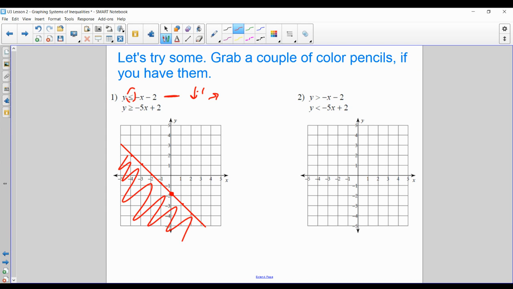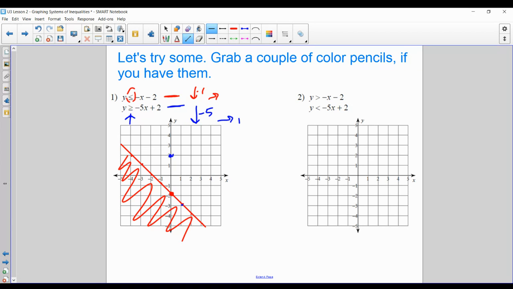So I've got that. Now I'm going to switch to blue and do the second one. So this has a y-intercept of +2, and I'm going to have a slope of -5, so that means go down 5, go over 1. Okay, if I look at that, also solid line.